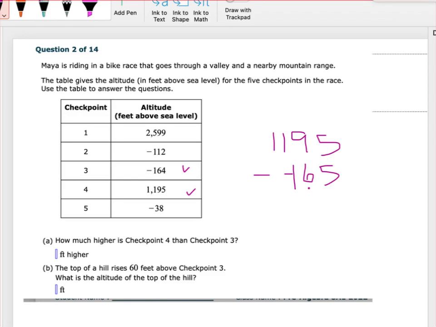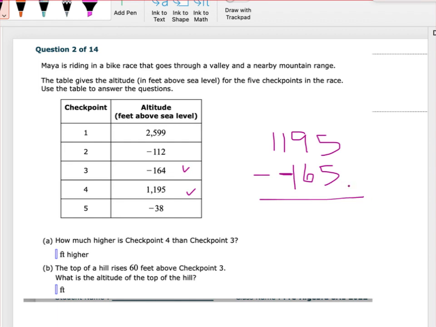That is a subtraction problem. So we're going to take 1195 and subtract negative 164. So I'm writing it correctly even though I can't seem to talk today. Okay, so 1195 minus a negative 164.